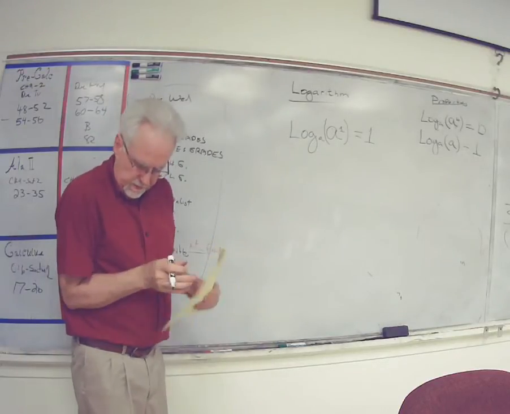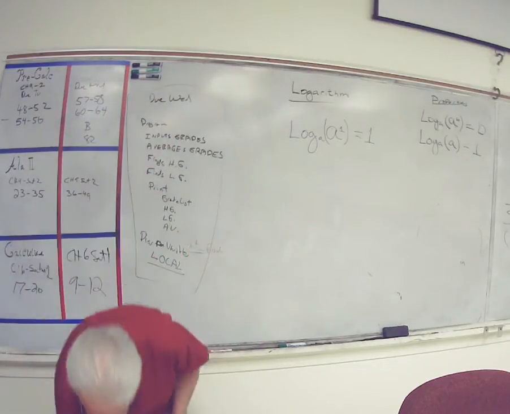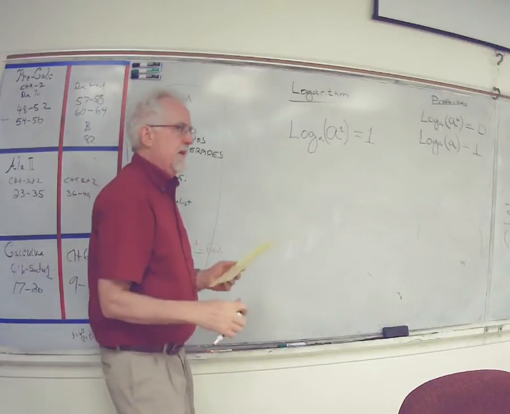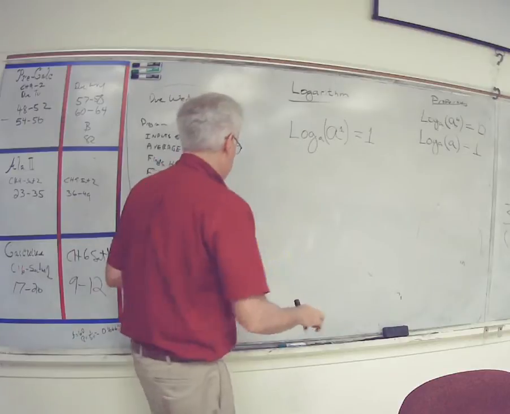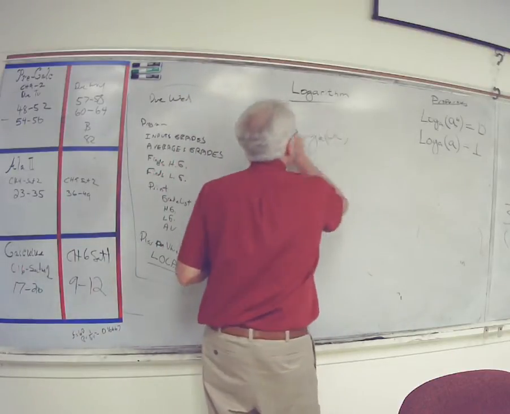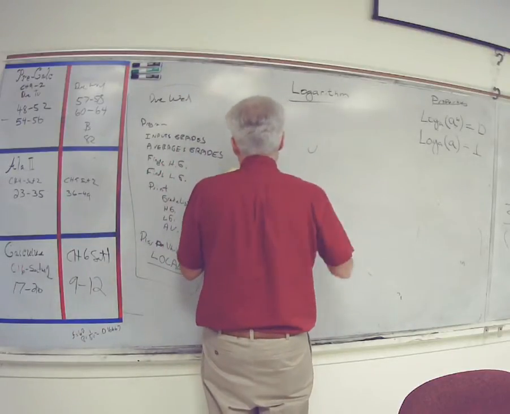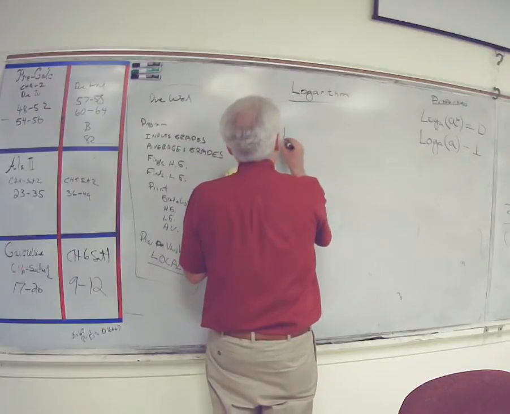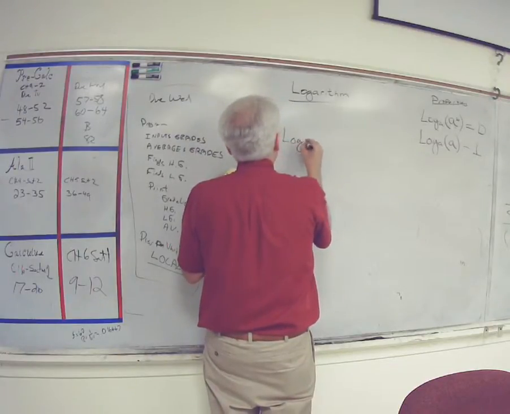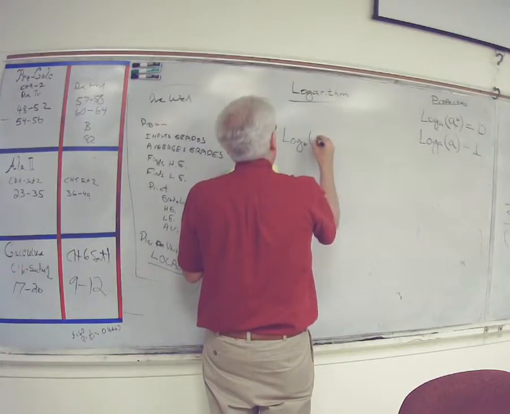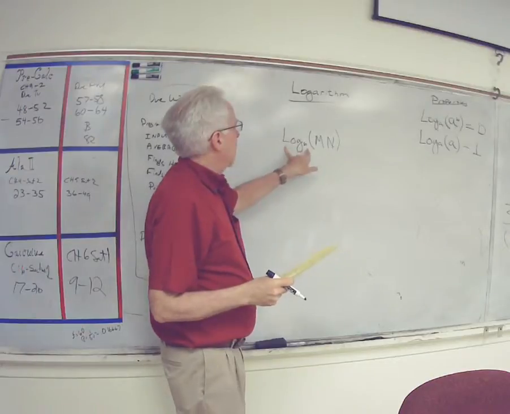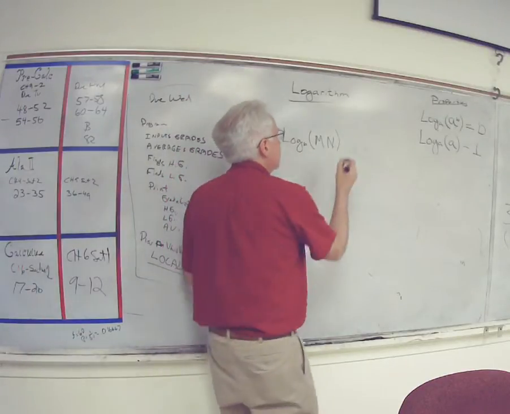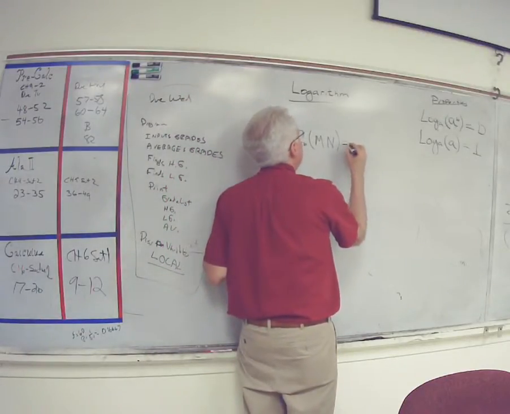Now this is one that's really, really important, and this is one that's going to be on the ACT. If you know this, it makes a lot of the ACT problems really easy. If I have log base b of, let's say, m times n, this is really cool what happens.